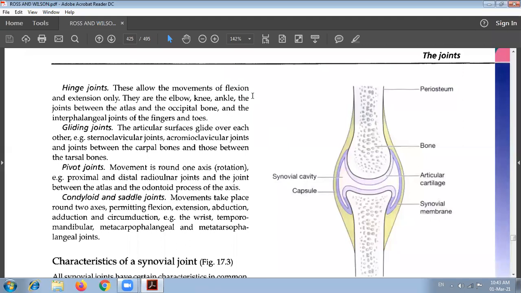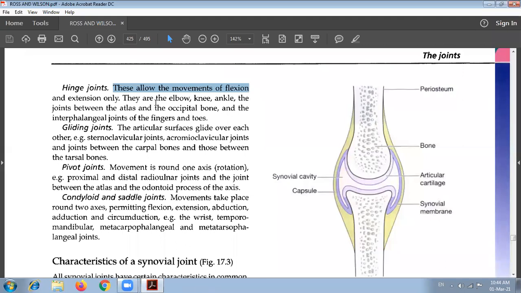These allow the movements of flexion and extension only. The hinge joint is like a door joint. When we open and close the door, a 180-degree movement is given by the hinge joint. Flexion and extension mean towards the body and away from the body. So this is the flexion and extension movement allowed in hinge joints.